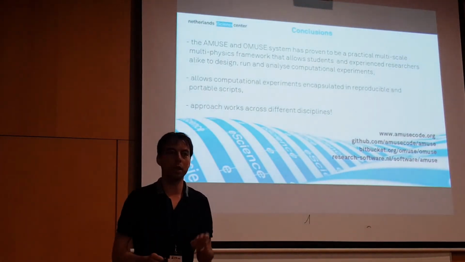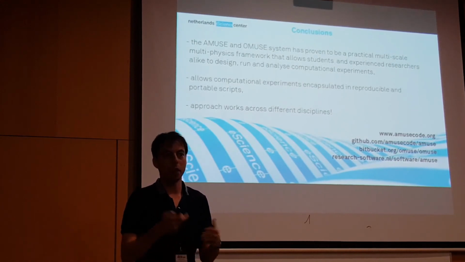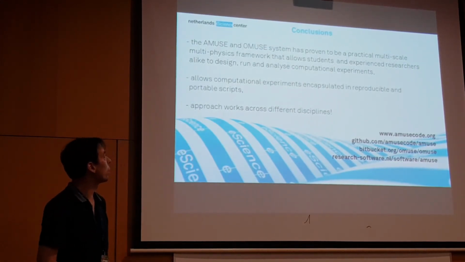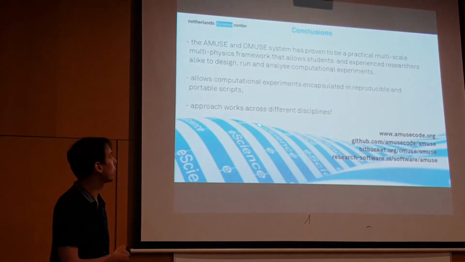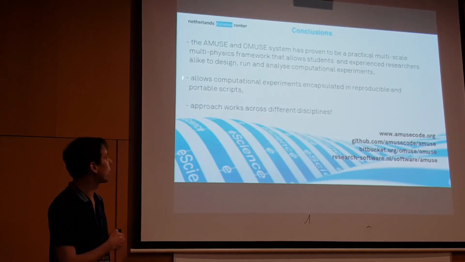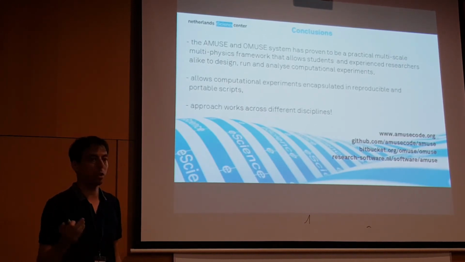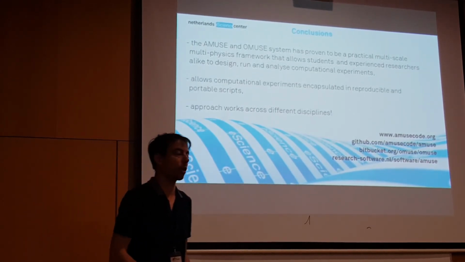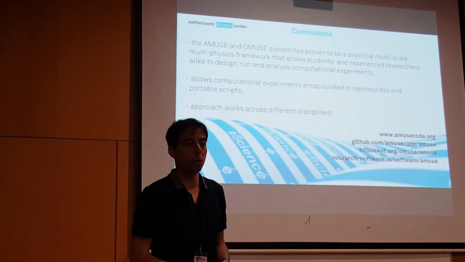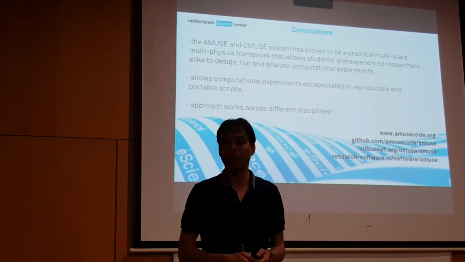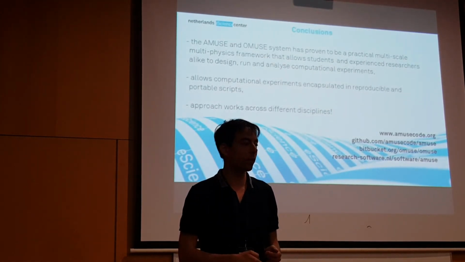For example, Simon has an idea, writes out a small script, and hands it over to a PhD student, who then of course spends months refining and doing the actual experiments. But it all starts out with a simple idea and a simple script, and that works quite well. This approach works across different disciplines, and we're working to really make this work for more domains and have it available for more people.